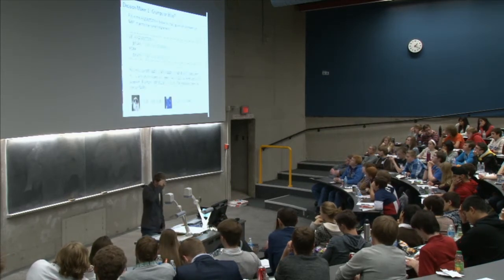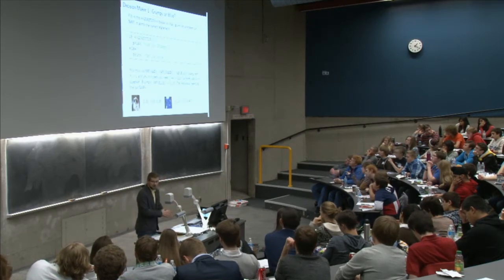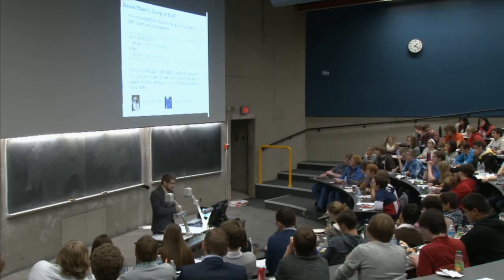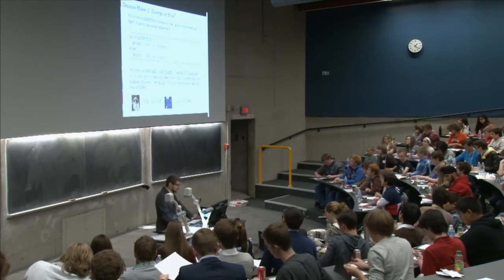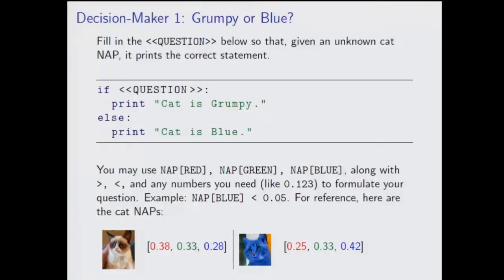OK, so grab a piece of paper, and I want you to think about and answer the following. I've got a little skeleton if statement here where the question is missing. I want you to fill in the question so that the right thing happens in terms of the print statements.